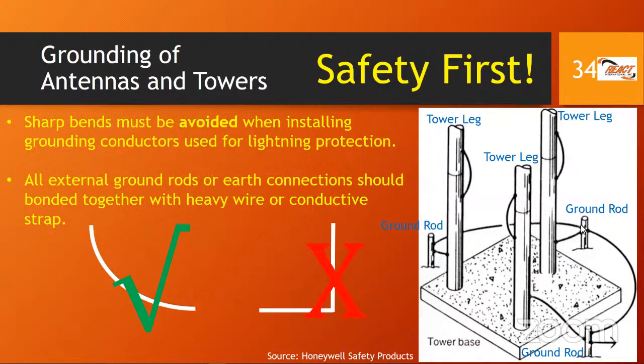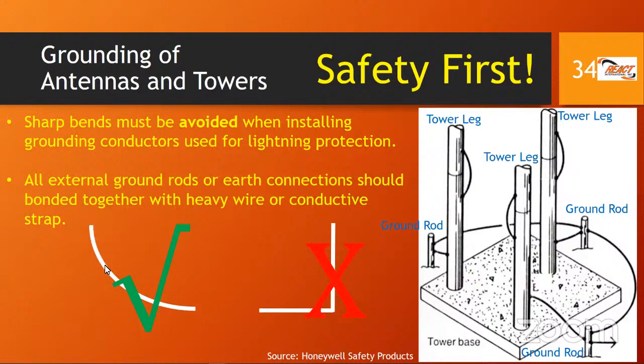So apart from grounding and bonding, we need to avoid sharp bends when we make this connection. Notice how nice and smooth they are. We have no 90-degree or 45-degree bends, all of these connections are nice, smooth, and roundish. We have a little diagram here to show the difference.